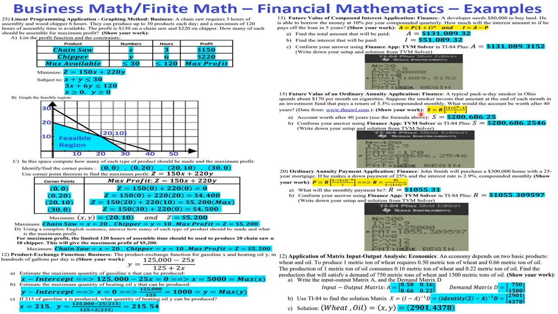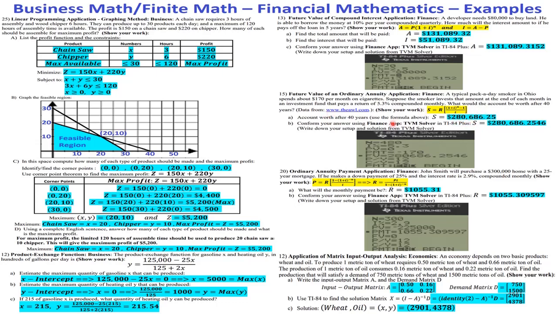So you can use this formula. S is the future value of the ordinary annuity. R is what you put into the annuity, in this case 170, times (1 plus i) to the n minus 1, over i.